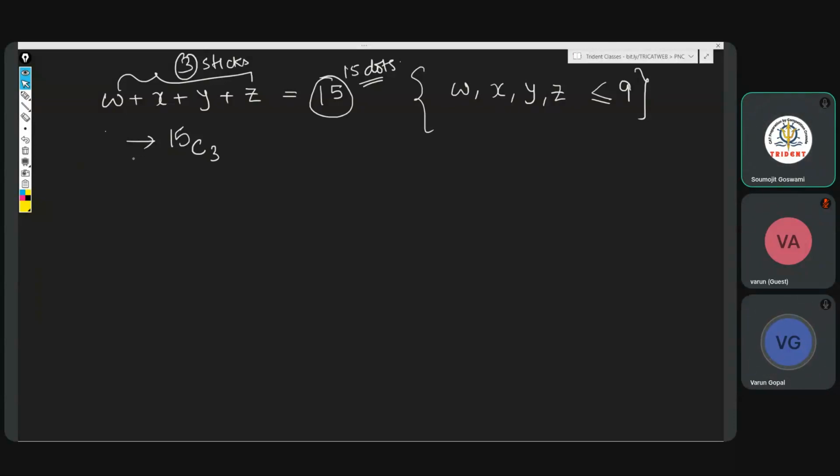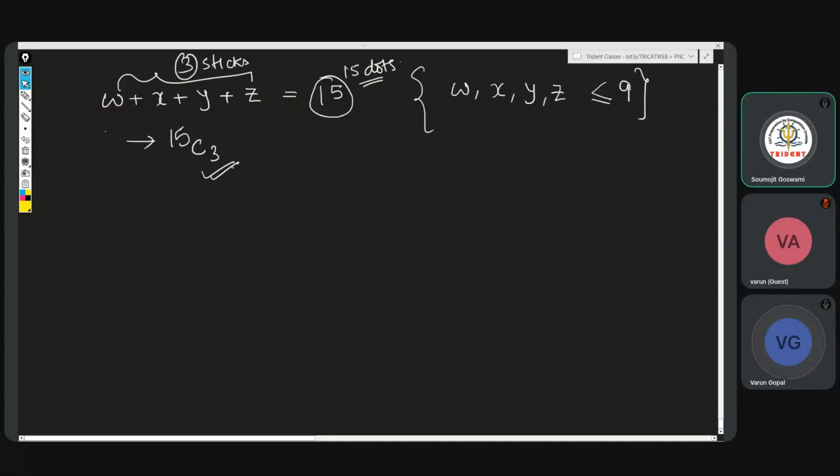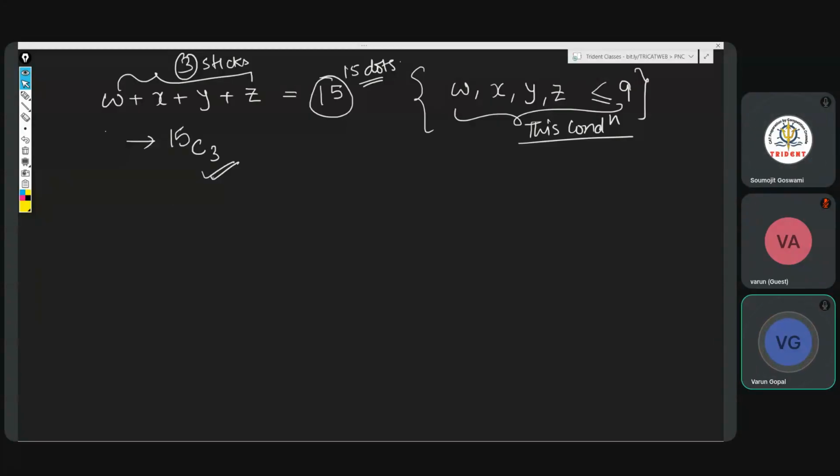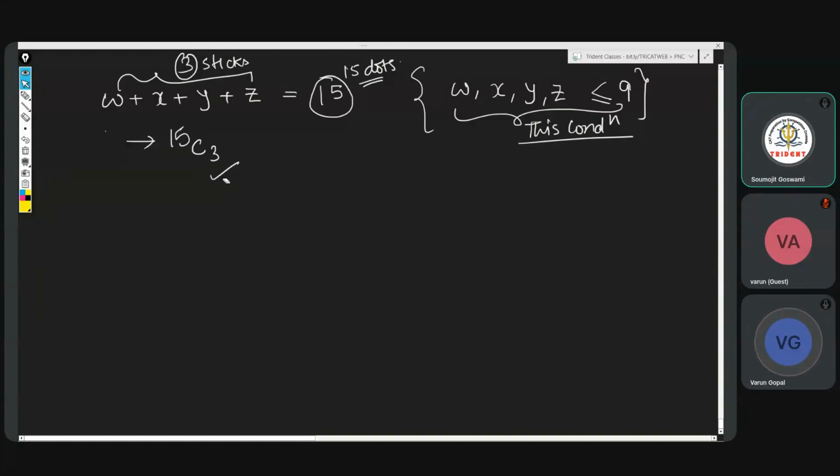More than 9 is not allowed, right? So basically, the total count includes those situations which are violating this condition. So we need to just subtract the violations. It will be the total minus the violations.